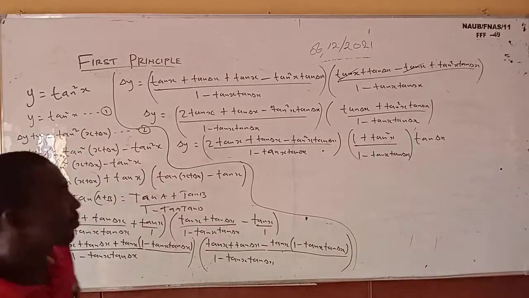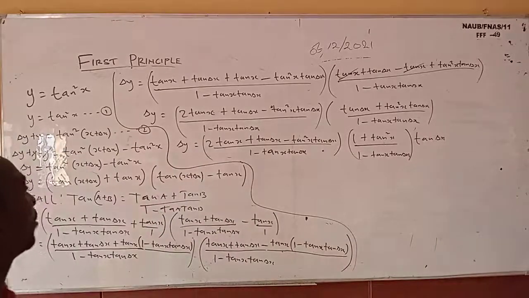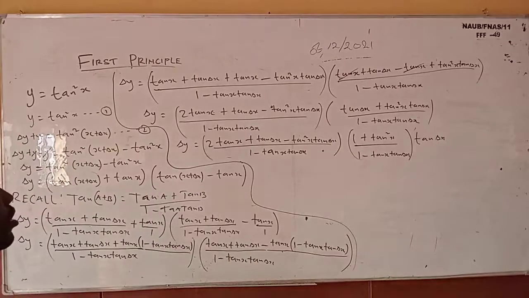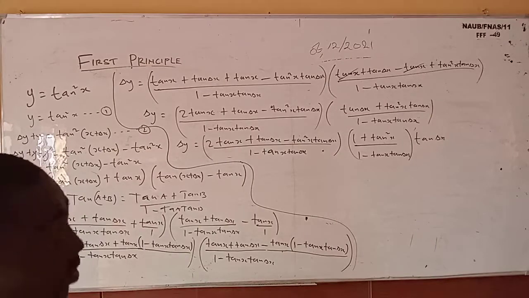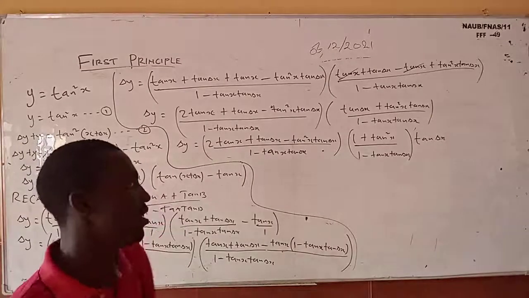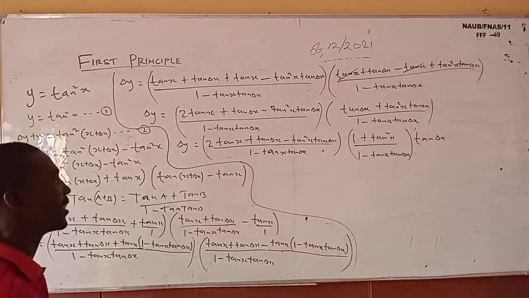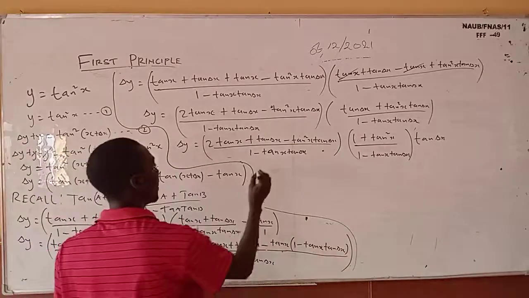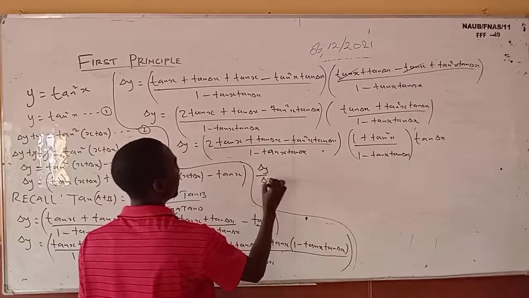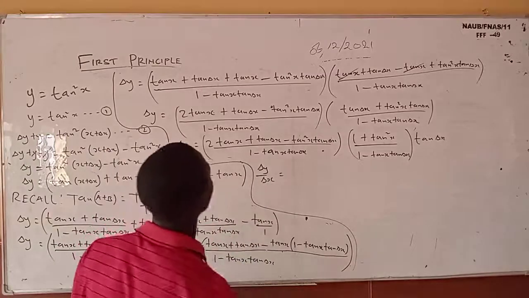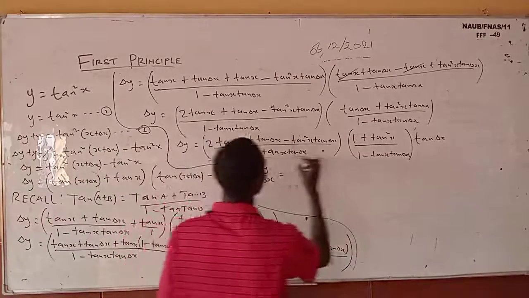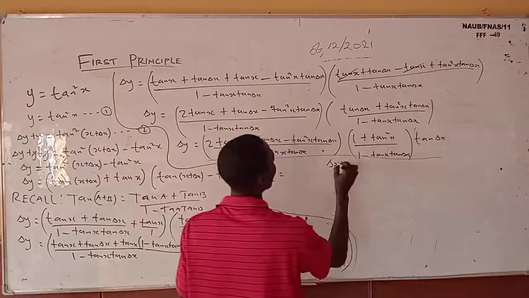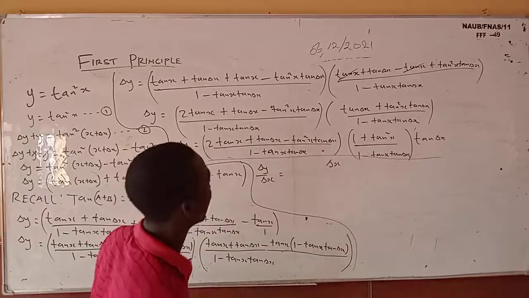So now the next thing that we can do is to divide through by Δs. So if we divide through by Δs, it means that Δy over Δs will be equal to, so instead of me writing dividing through by Δs, I have to draw a line like this, then write Δs like this.